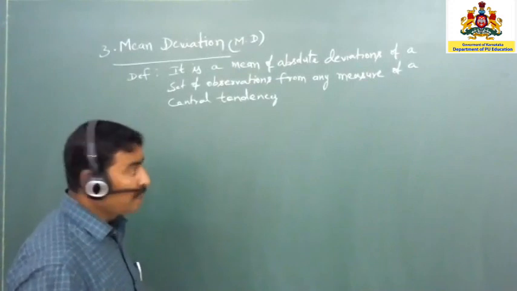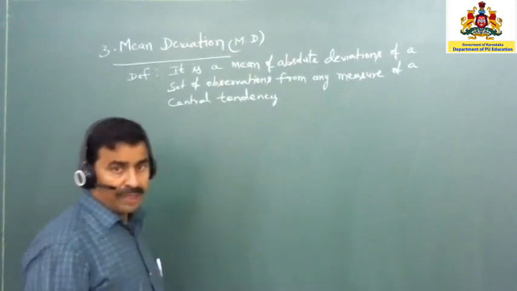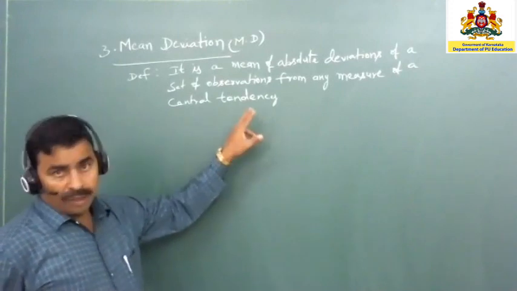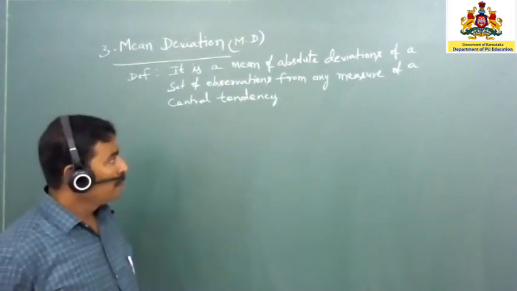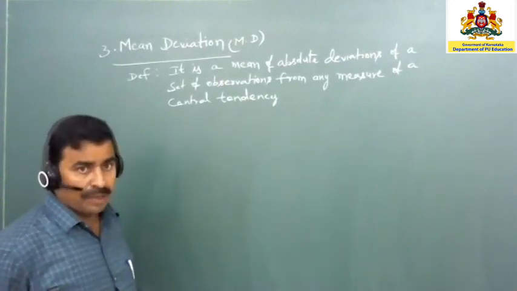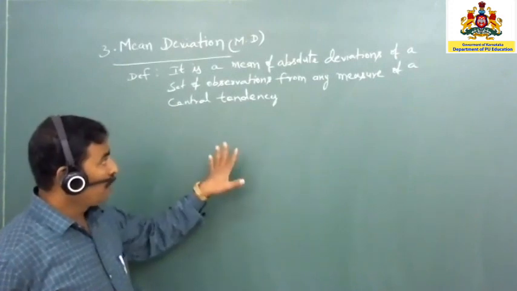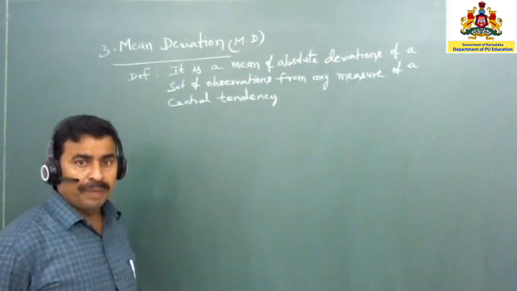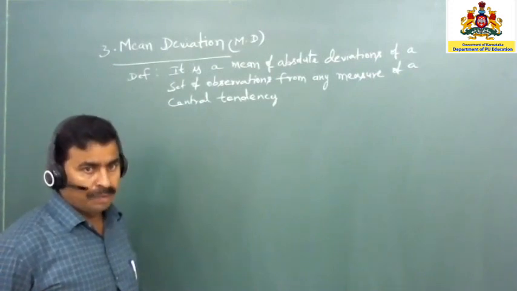So for central tendency, we have 5 measures: mean, median, mode, geometric mean, harmonic mean. But in the syllabus we discussed, we calculate mean deviation from the 3 averages: mean, median and mode.